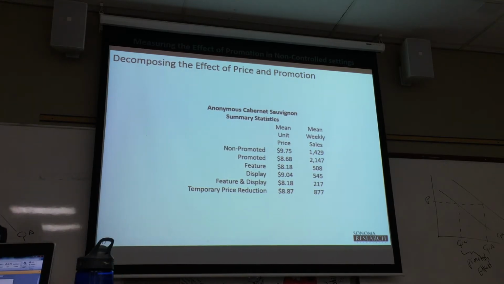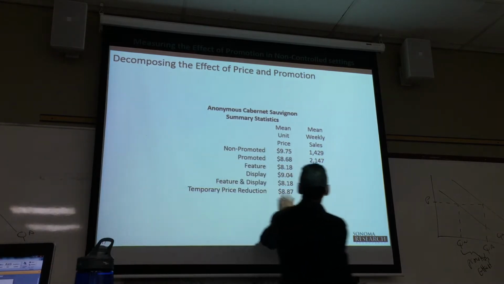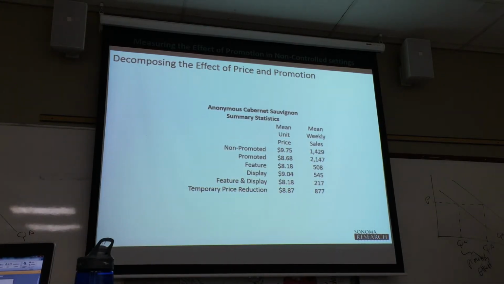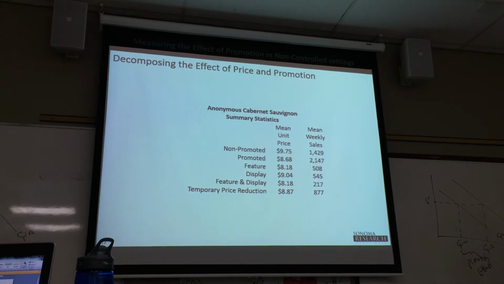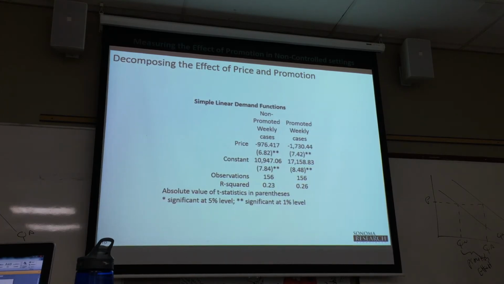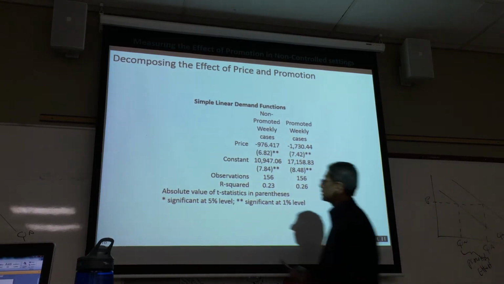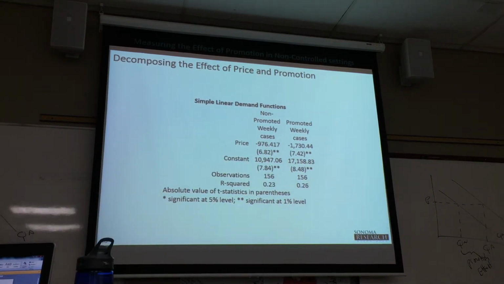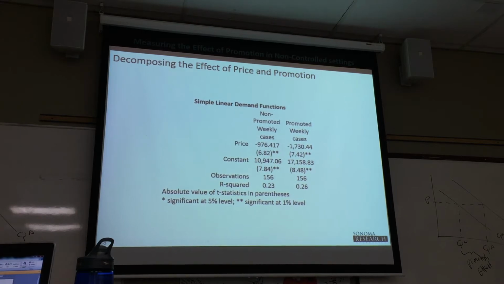So whatever they promote, they reduce price. All right. What did I do? I estimated a demand curve for non-promoted, estimated a demand curve for promoted, just like the picture shows.